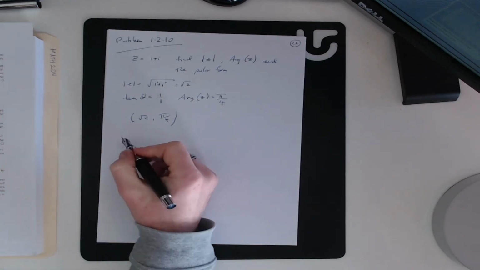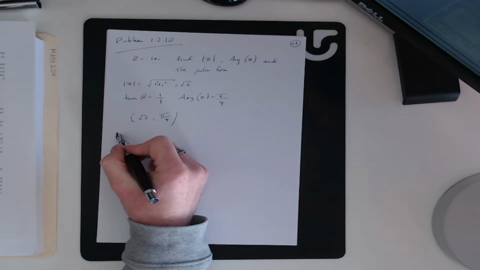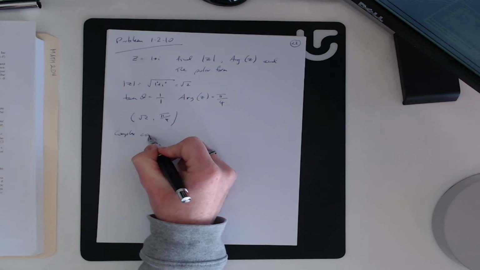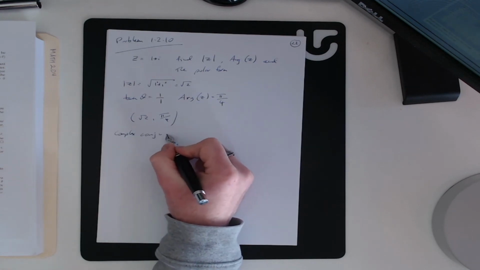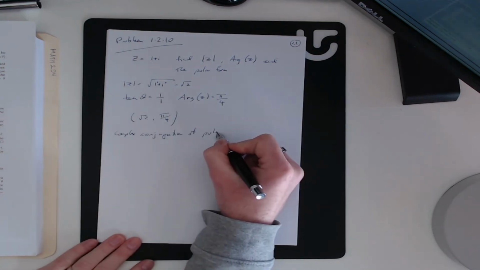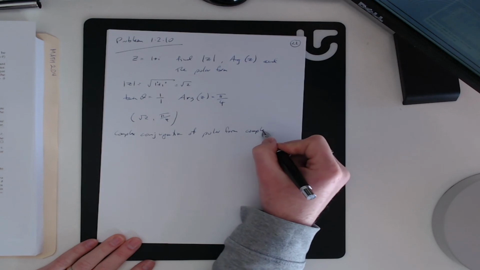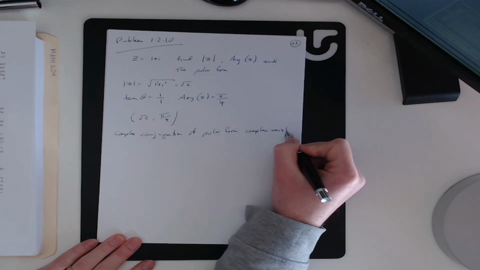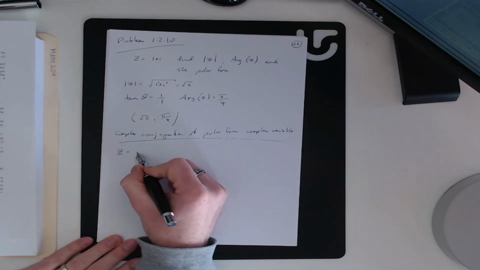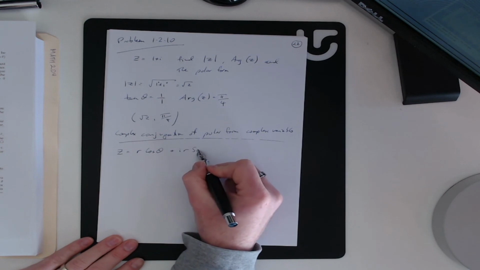Okay, so now we're going to do complex conjugation in polar form. z equals r cos theta plus i r sine theta.